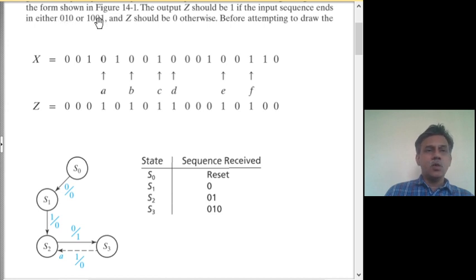See, this last 2 bits 0, 1 is similar to the first 2 bits of the first pattern. So, when the last 1 occurs, we should go to a state which handles this 0, 1 case, which is nothing but this state S2, because that also is the one which is ending with 0, 1.